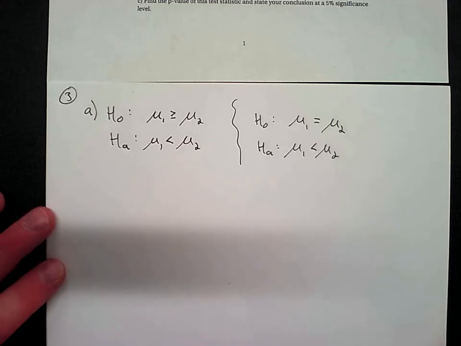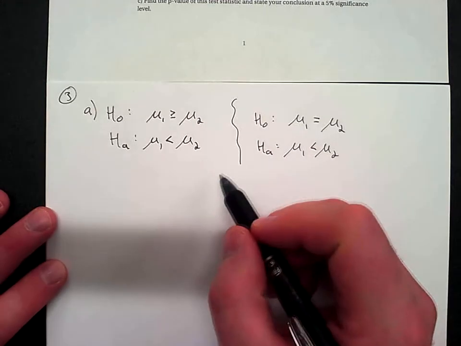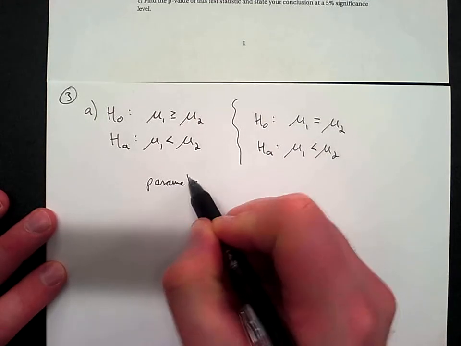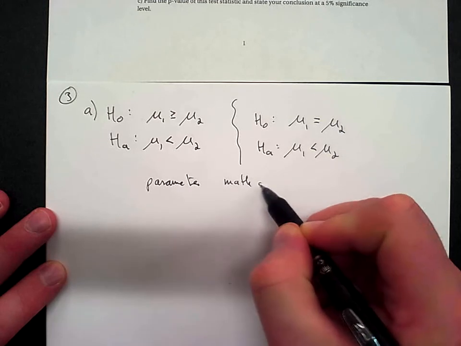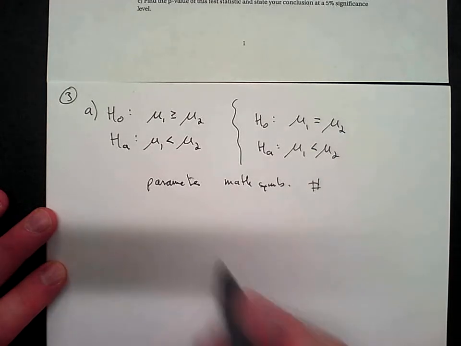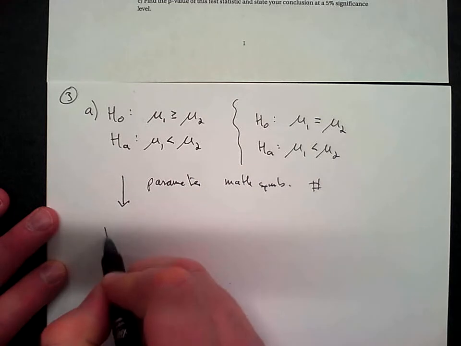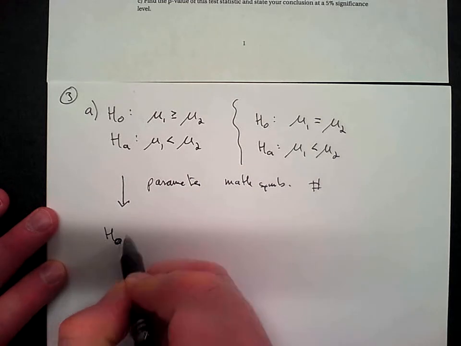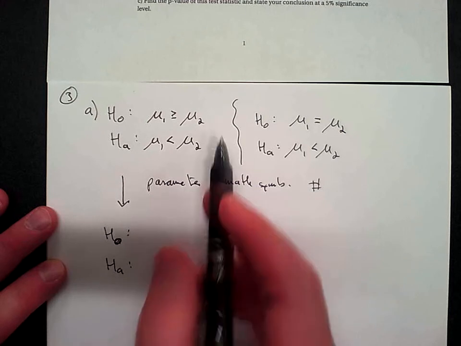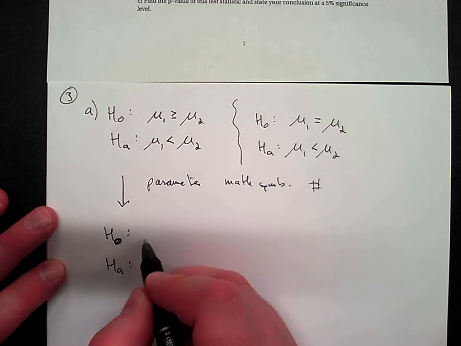Alright, but again, what we said here is that we want to have our hypotheses written as a parameter and then a math symbol and then a number. So one of the ways that we rewrote this last class was we said that we can rewrite our null and our alternative hypothesis by simply just subtracting mu2 from both sides.